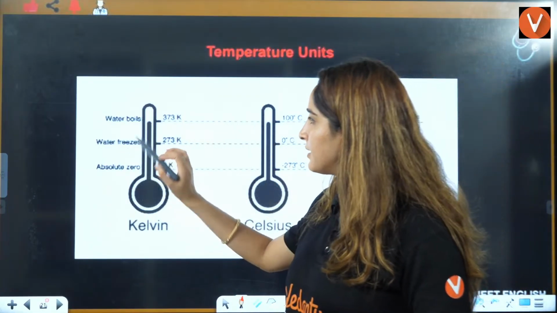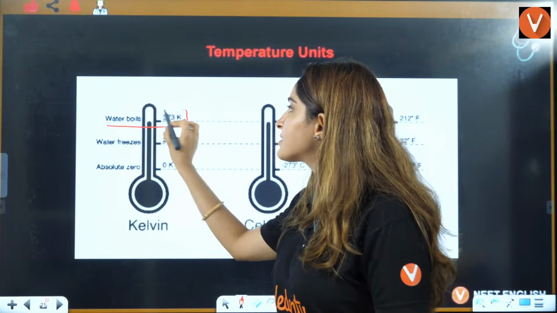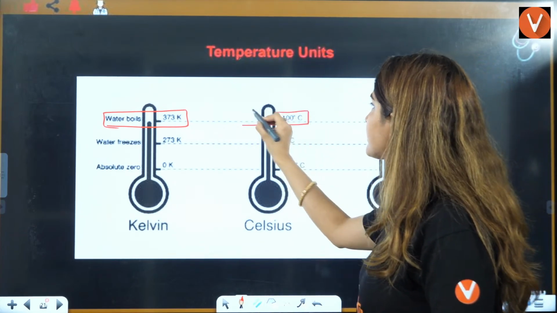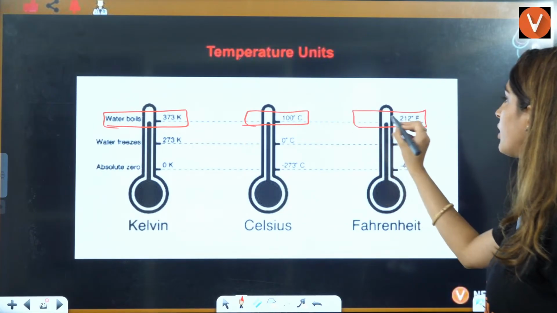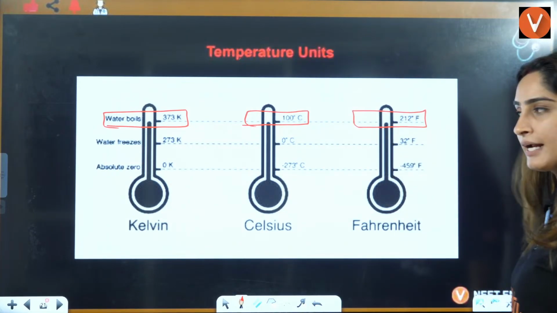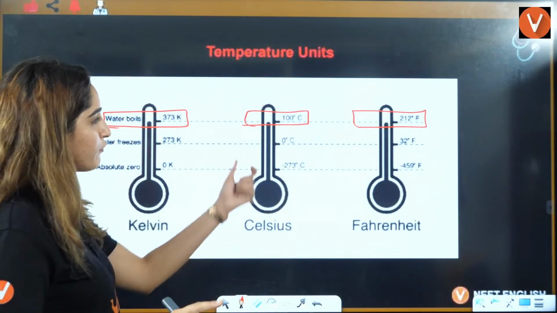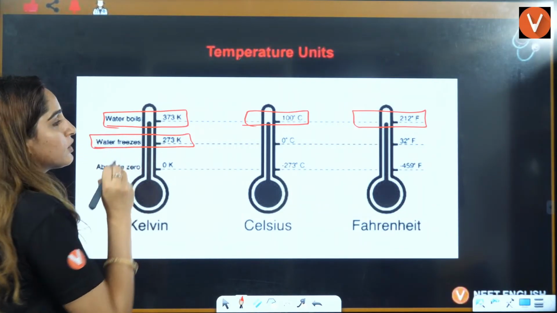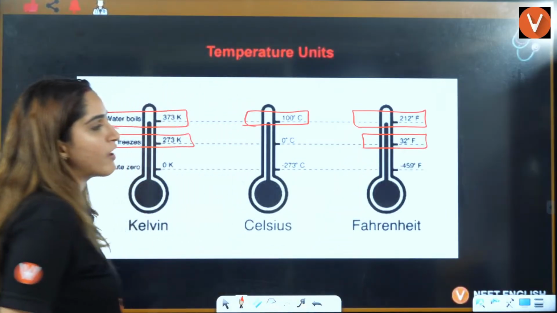If you see this here, water boils. In Kelvin, we say 373 Kelvin. Here we say 100 degrees Celsius, and here we say 212 degree Fahrenheit. Water freezes at 0 degrees Celsius, that is 273 Kelvin, and in Fahrenheit it is 32 degree Fahrenheit.